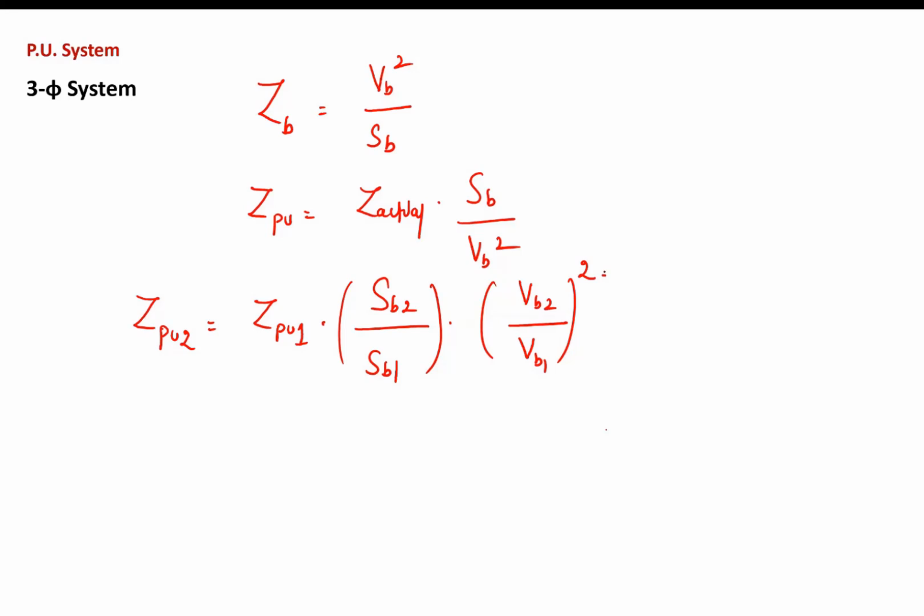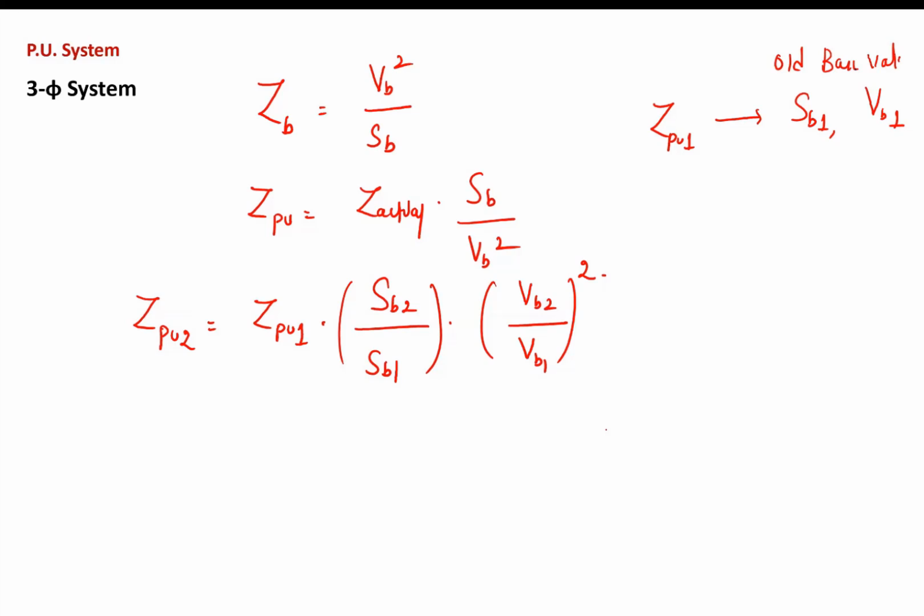Here we are trying to calculate the new per unit value, where already we know the old per unit value and old base value. So that means for an element, Z per unit 1 is calculated on a base of SB1 and VB1. Let us call them old base values.